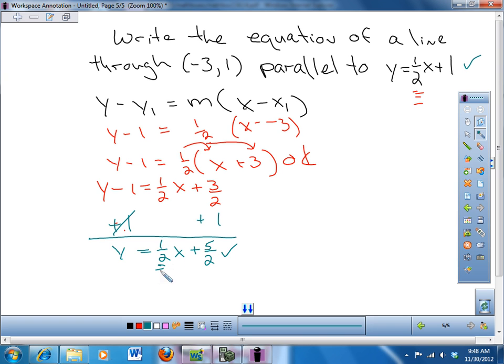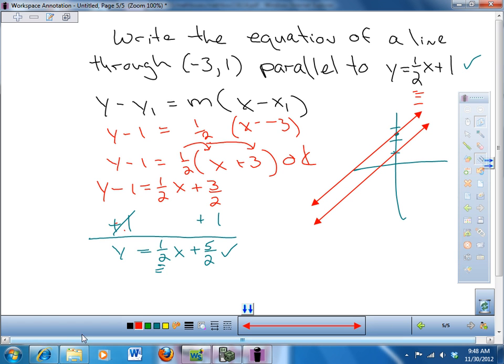They have the same slopes but different y-intercepts. This one goes through 2.5 on the y-axis, and one goes through 1, but they're basically parallel. If I were to graph them, they'd look something like that. Okay?